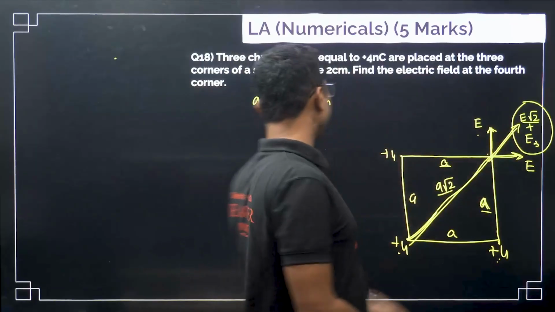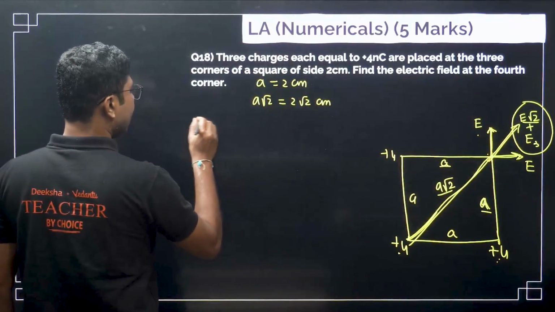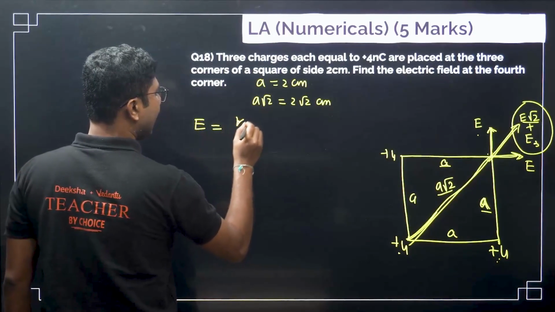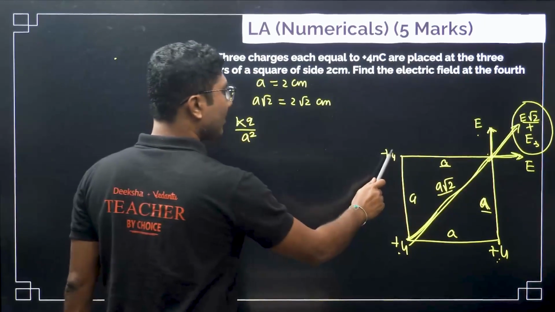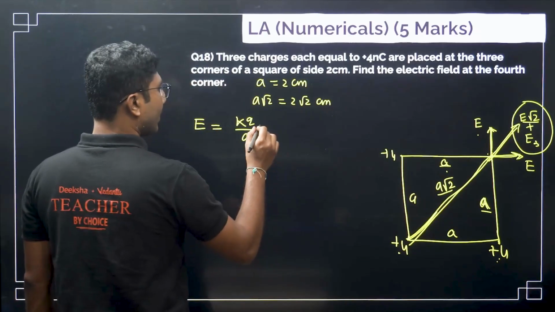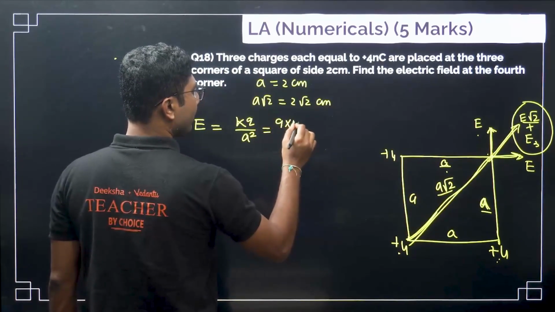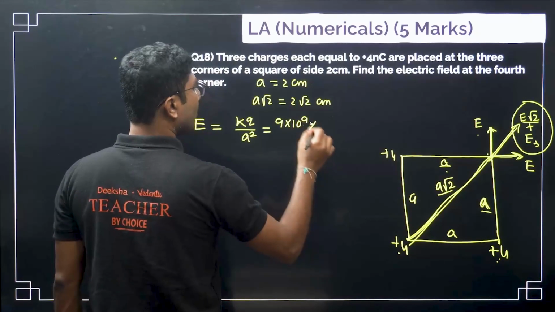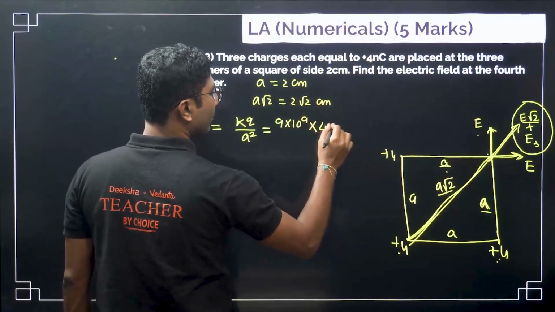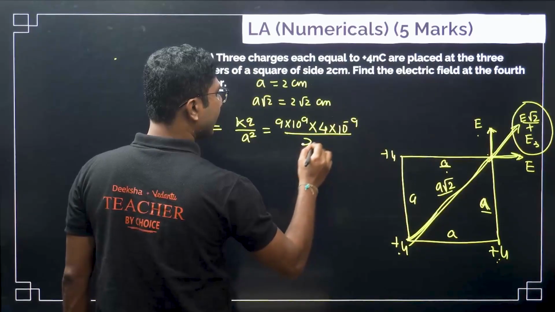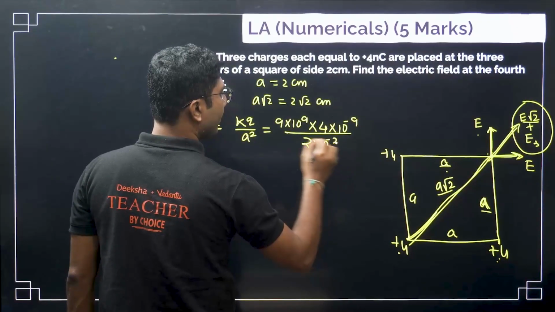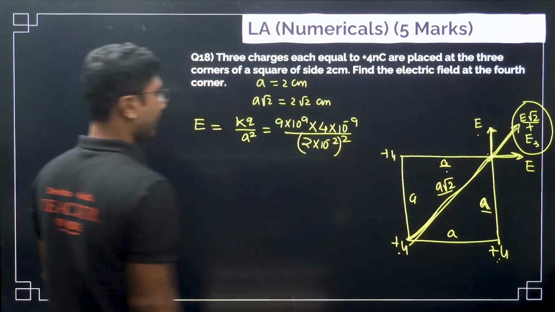First we will find the electric field E. What is E? KQ by A square. What is K? K is 9 into 10 to the power of 9. Q is 4 nanocoulomb and A is 2 centimeter, that is 2 into 10 to the power of minus 2, whole square.